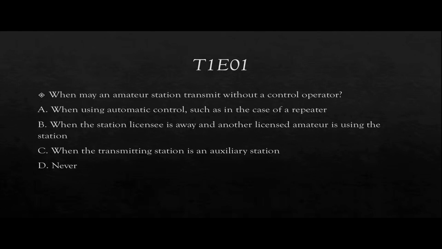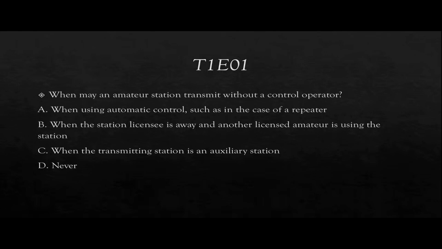The second thing, when the station licensee is away and another licensed amateur is using the station, technically another licensed amateur using the station is the control operator. They can only use their permissions, their privileges. So that's not operating without a control operator.